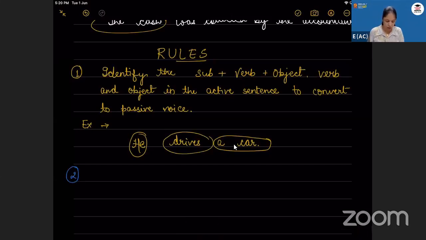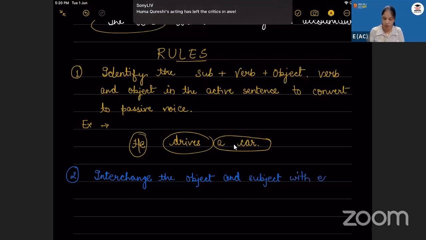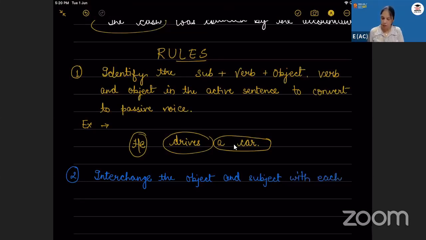Rule number 2 is interchange the object and subject with each other. That means it is very simple that subject becomes object and object becomes subject.